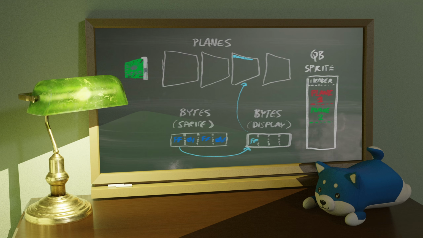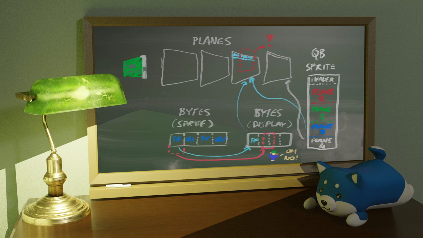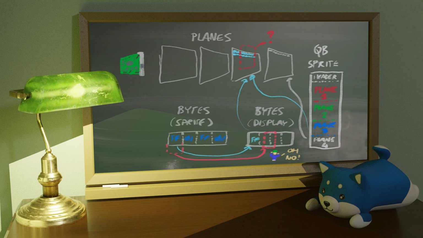So each byte there is also 8 pixels worth of bits for a single plane, and this all works fantastically. Until you consider, what if I want to put the sprites on an x-coordinate, which is not a multiple of 8? At this point, the bytes of graphics memory are not aligned to the bytes of the sprite. And so I have a range of new and exciting problems.